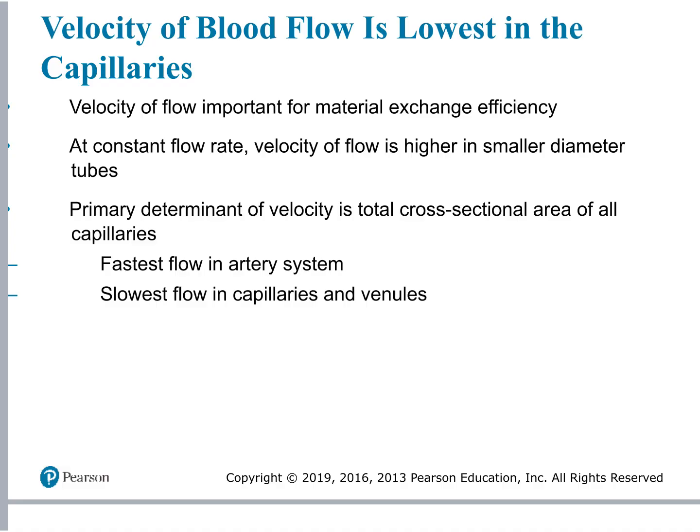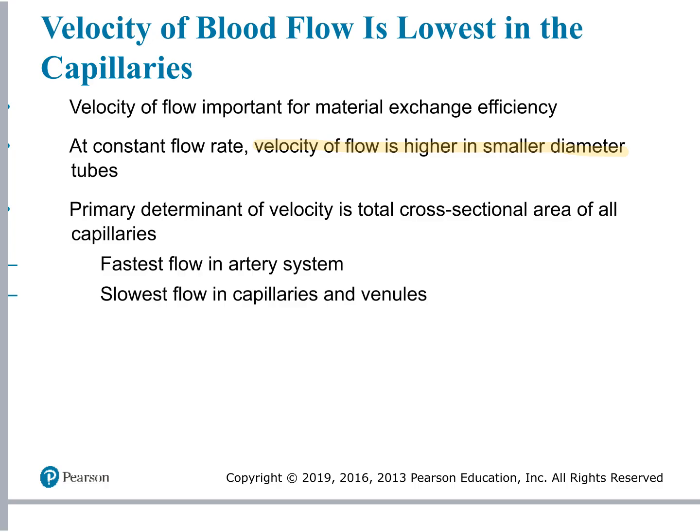There are some important concepts on this slide. It has to do with the velocity of the blood flow. Remember, there's a difference between flow rate and velocity. The important point on this slide is that the velocity of flow is higher in smaller diameter tubes.